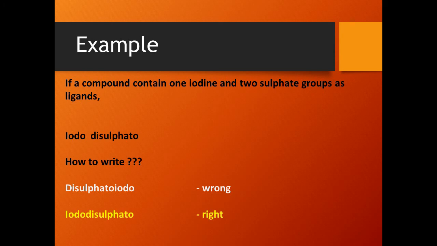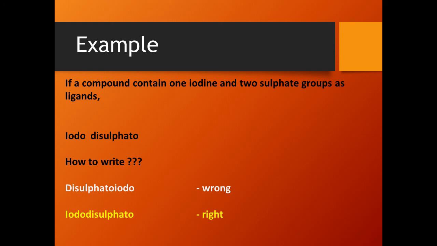So there are two different types of ligands. If you have two different types of ligands, then you should look into the alphabetical order. The ligands are named in the alphabetical order. Iodine starts with the alphabet I. Sulfate, the ligand, starts with the alphabet S. So naturally I comes first, therefore it should be in this way: iodo disulfato.